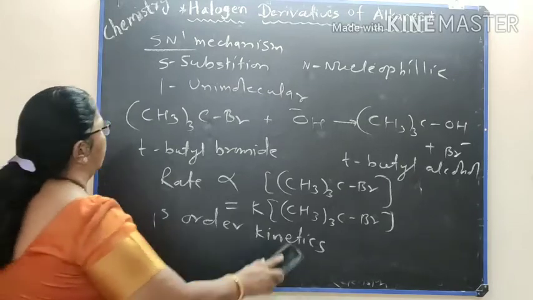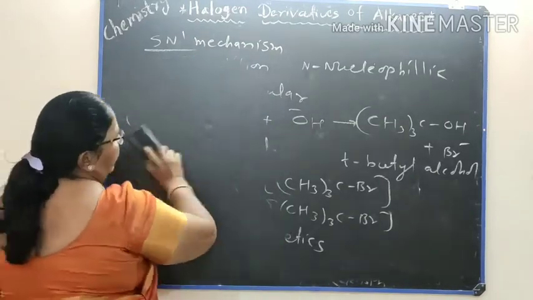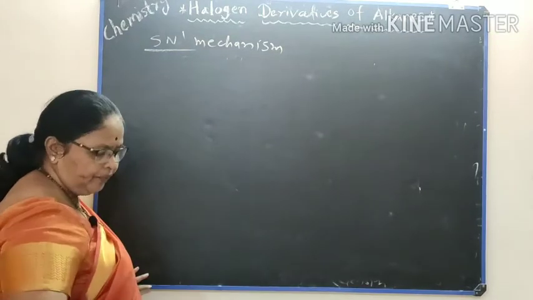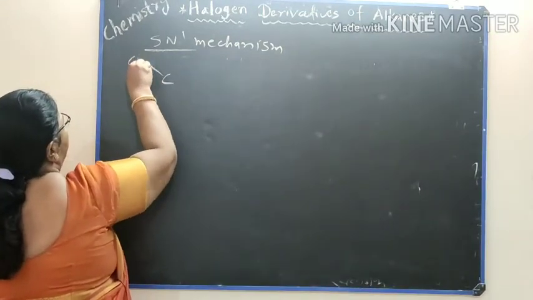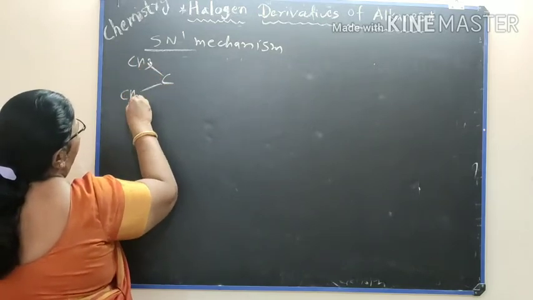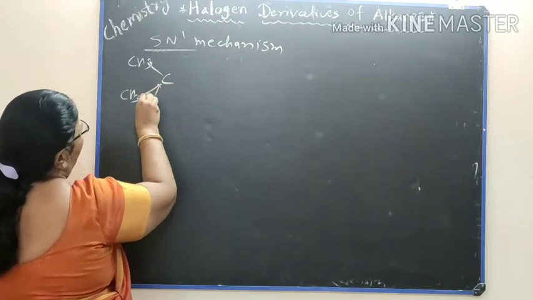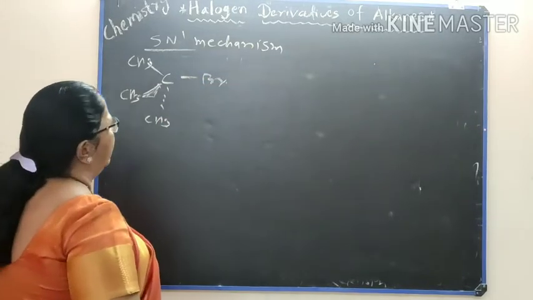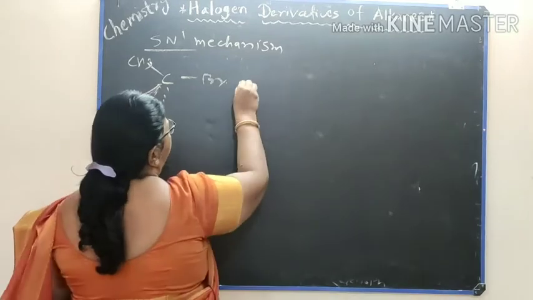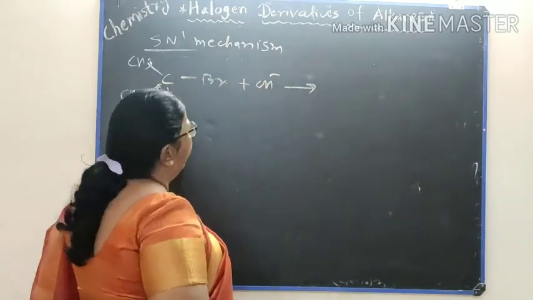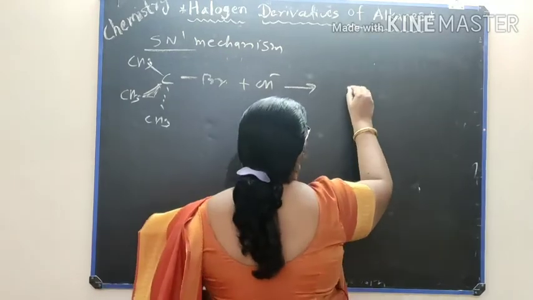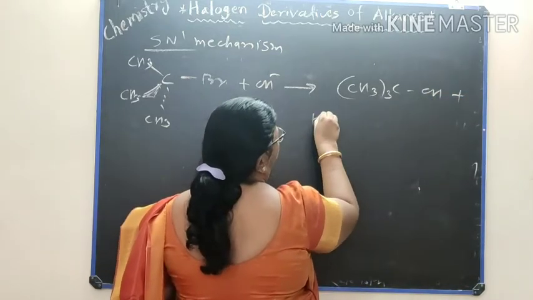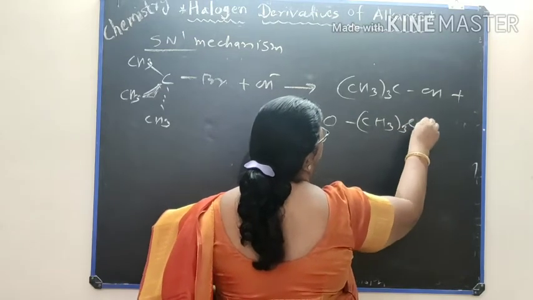Then we will see the actual mechanism of the SN1 reaction, that is tertiary butyl bromide, (CH3)3CBr. It reacts with hydroxyl ions, and mainly it produces (CH3)3COH plus OH and (CH3)3C.